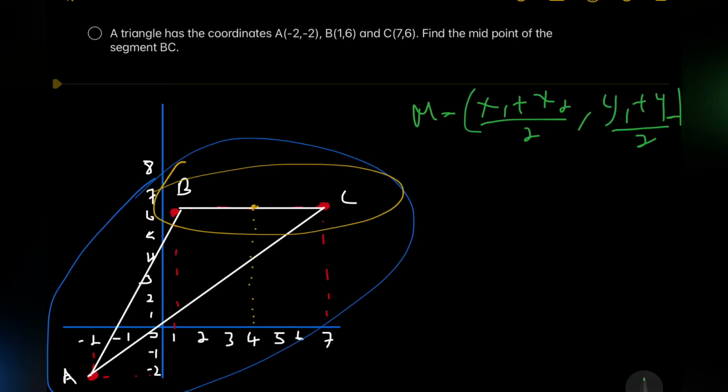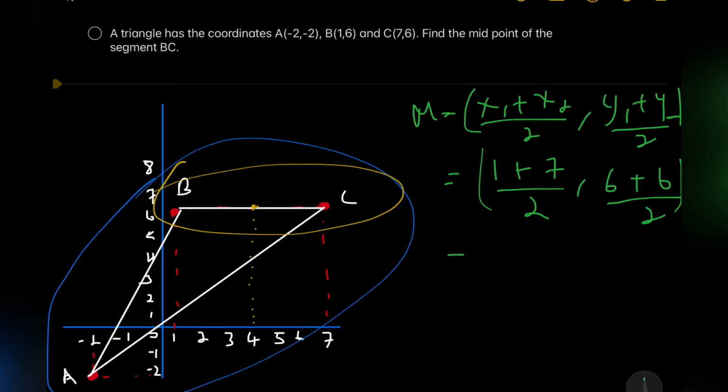So remember, we're using the coordinates of B and C. So x1 would be equal to 1, x2 would be equal to 7, and we divide that by 2. y1 is equal to 6, and y2 is equal to 6. We divide that by 2.